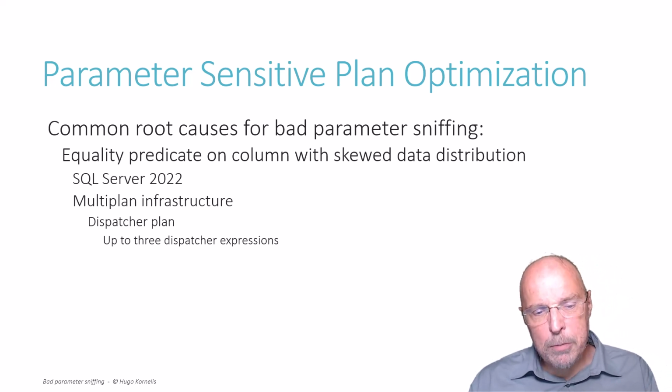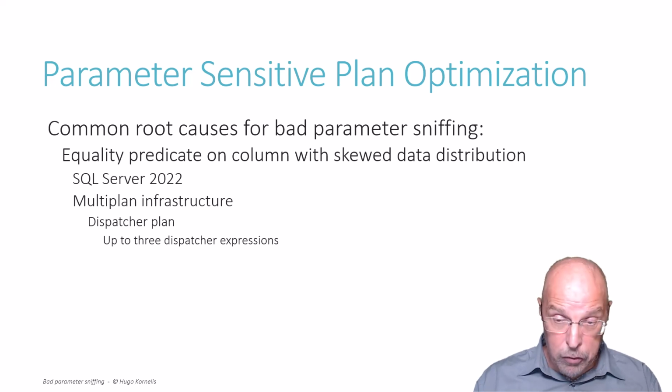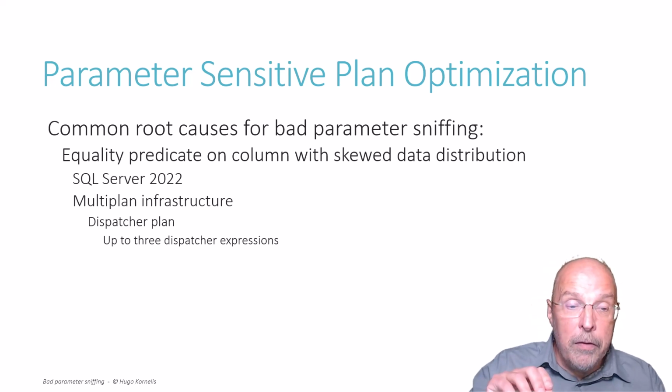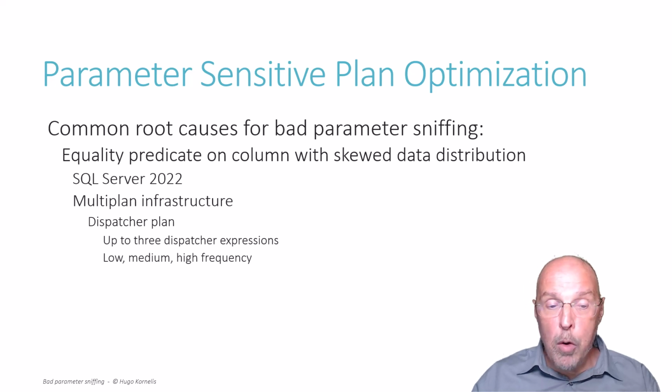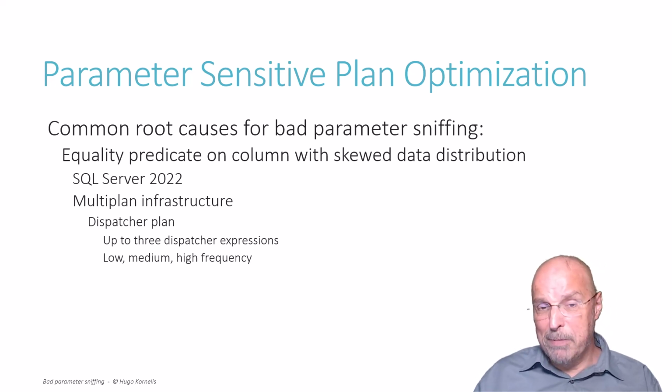Those dispatcher expressions are then used by SQL Server for each and every execution to look at the current runtime values of the relevant parameters and determine whether this specific parameter value has a low, medium or high frequency in the histogram of that specific column.